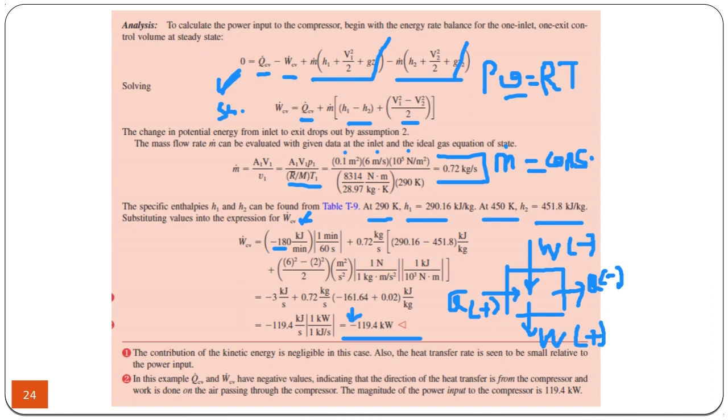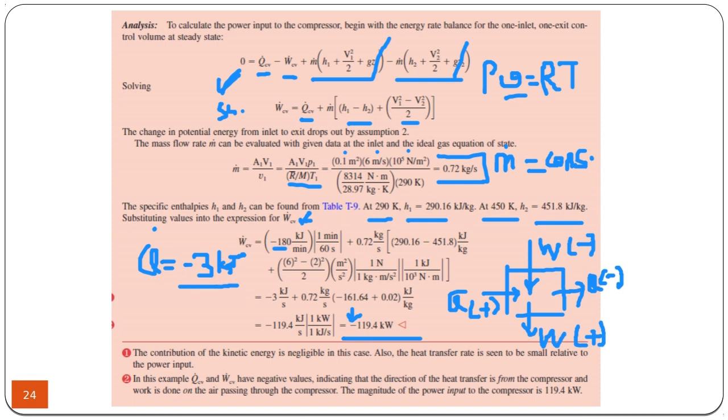There is something interesting here. The loss Q is minus 3 kilojoules per second. So it increases the work necessary, because if it was a perfectly insulated compressor, the work required to operate this compressor would be 3 kilowatts less than this amount.